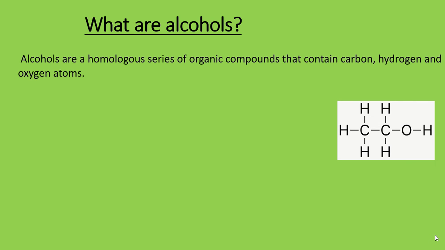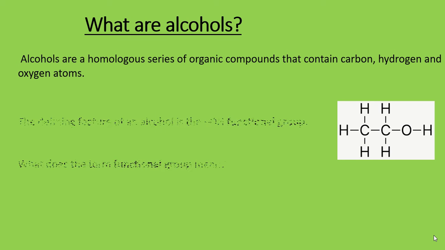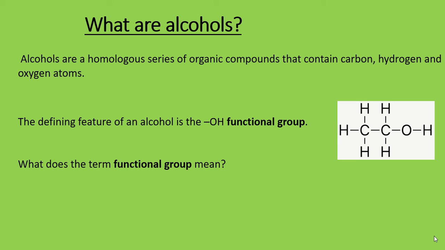Okay, so they are a homologous series that contain carbon, hydrogen, and oxygen atoms. And the defining feature of an alcohol is that OH functional group. So I would like you to pause the video and note down what the term functional group means.